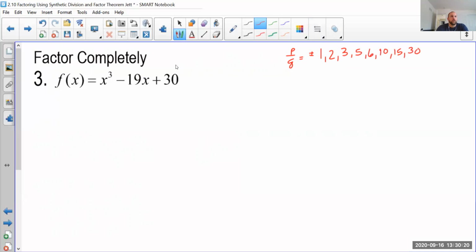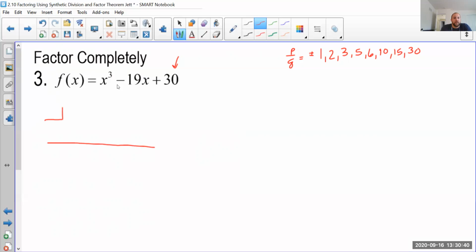So really just all of the factors of 30, positive or negative. Again, if you're getting stuck on the P's over Q's, just try positive and negative 1 first every single time.